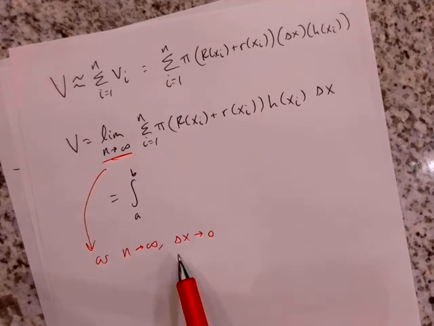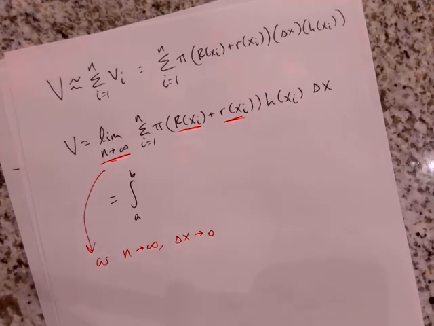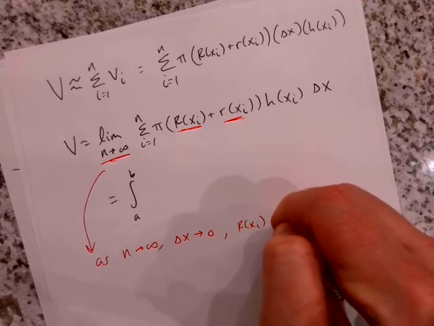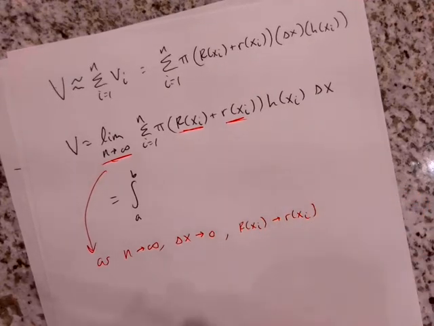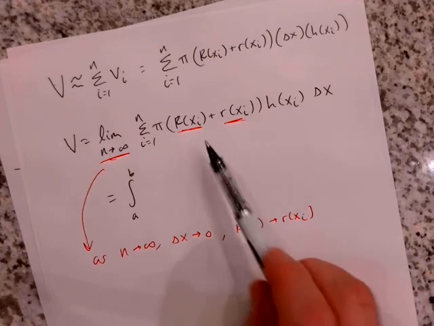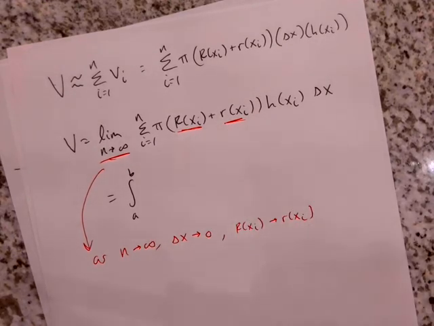If delta x is going to 0, it means that these two are approaching each other. As the width of the shell goes to 0, the two radii, the outside and inside radii, approach each other. And so big R plus small r, we can just write as 2 times one of those r's.